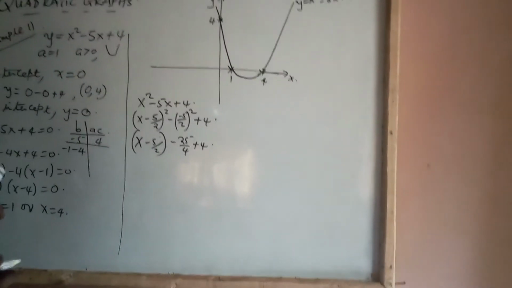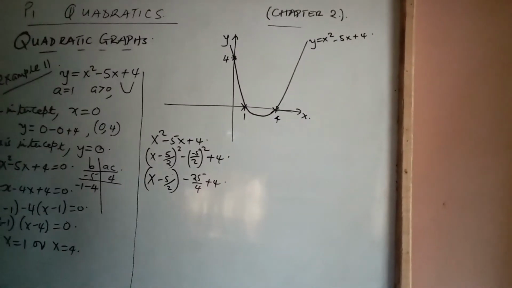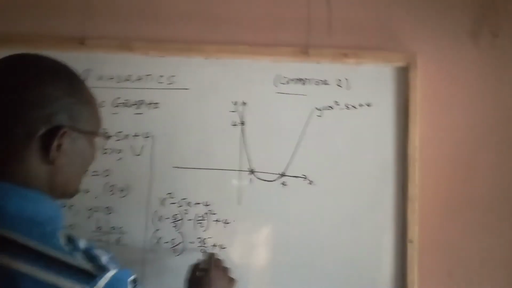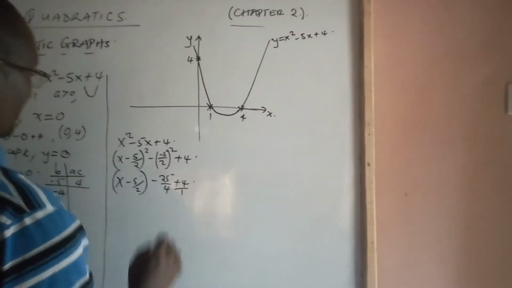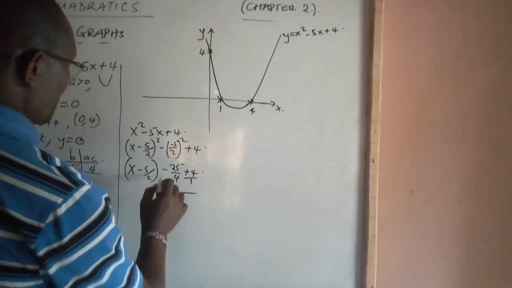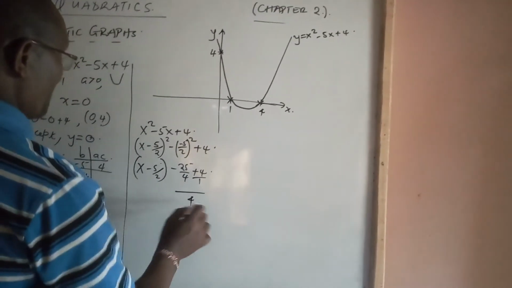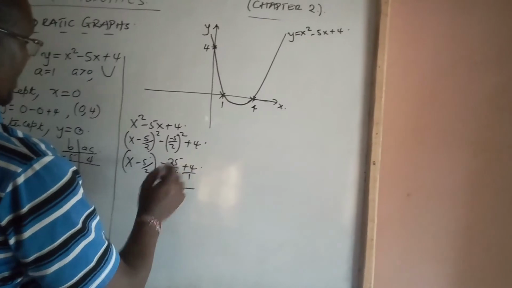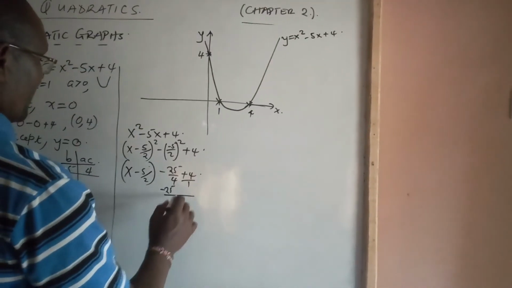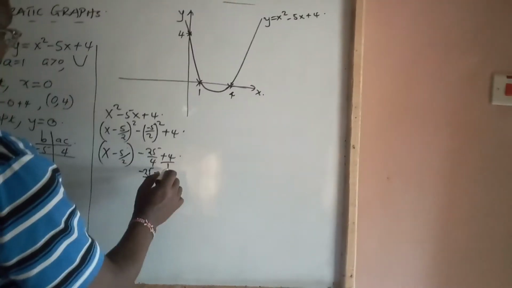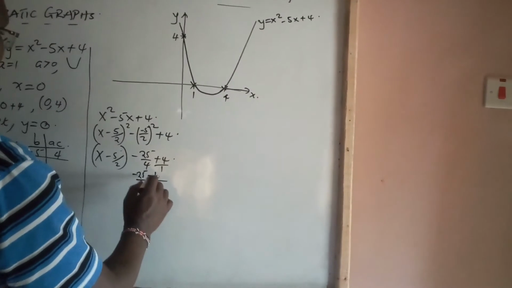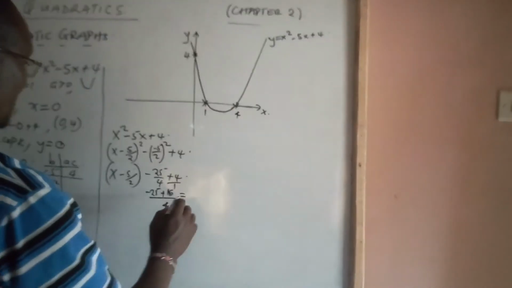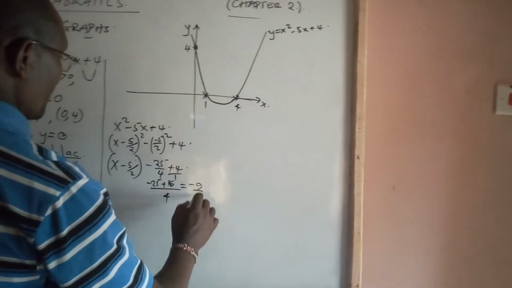This squared is minus 25 over 4 plus 4. If you consider the LCM, which is 4, 4 divided by 4 is 1, so minus 25 plus 16, and the final one becomes minus 9 over 4.